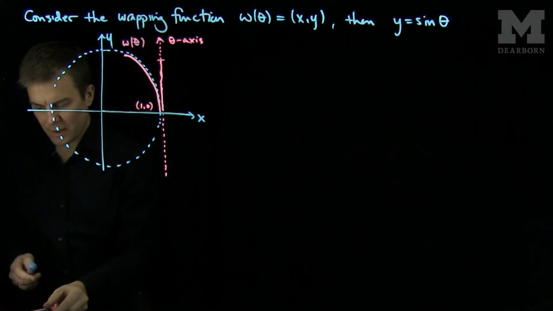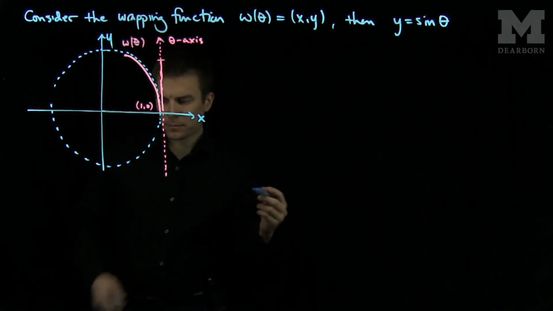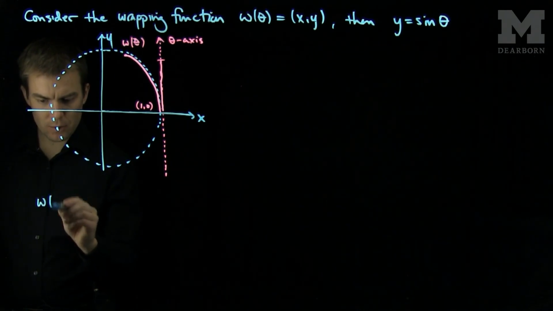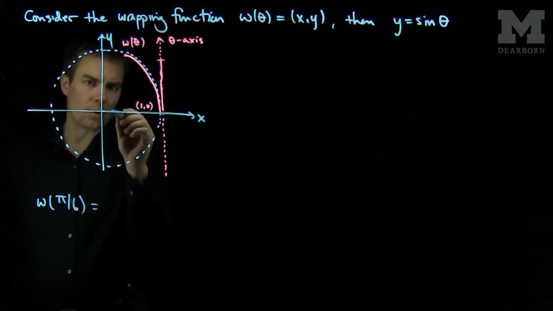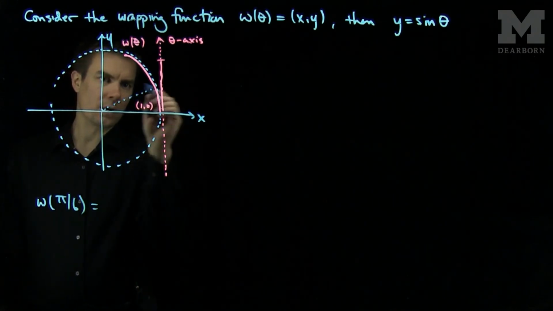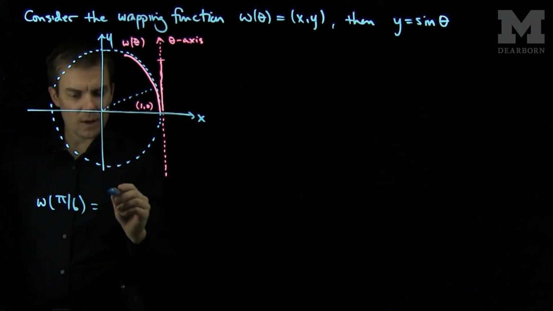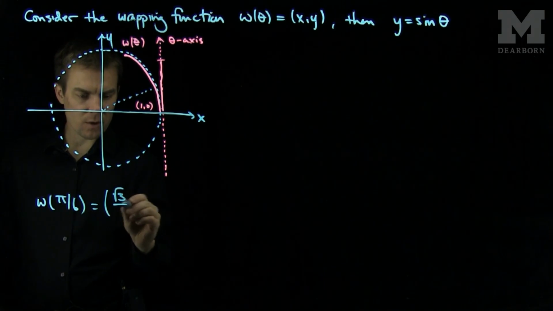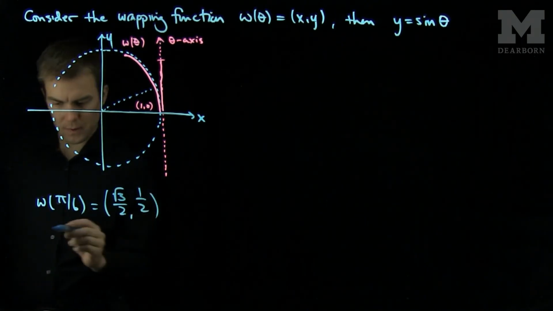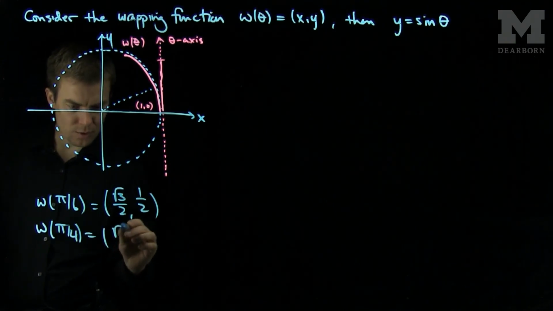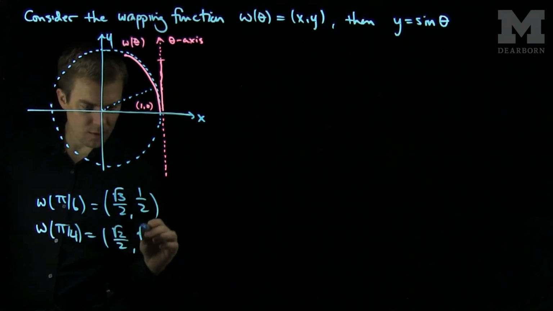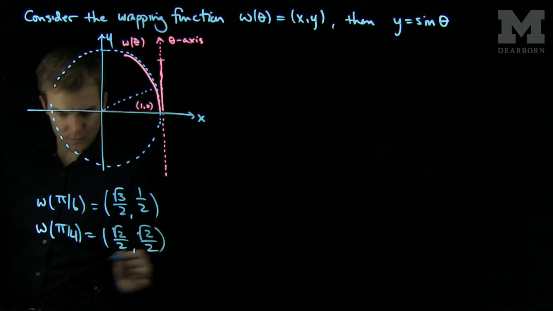Now we recall some of the common values of w of theta. We recall that w of pi over 6 would correspond to that point on the unit circle, and that would be the square root of 3 over 2, 1/2. W of pi over 4 was the square root of 2 over 2, the square root of 2 over 2.